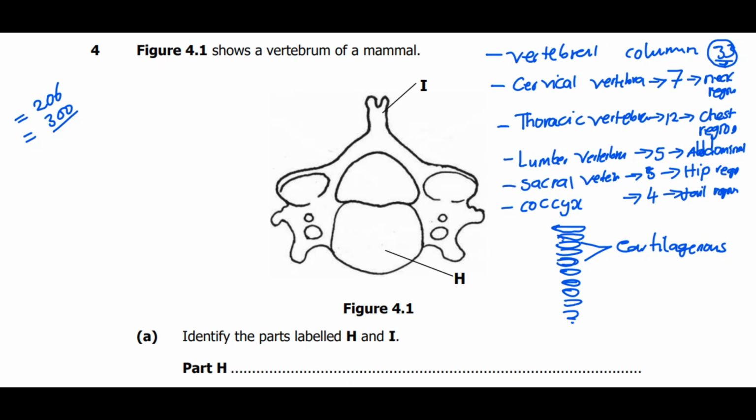So the point is, under the vertebral column, if you are asked to determine the type of joint found here, it is cartilaginous, which allows only a small movement. That's why if someone has to bend, they will just bend like this. You can't bend like this. It's not possible. Why?